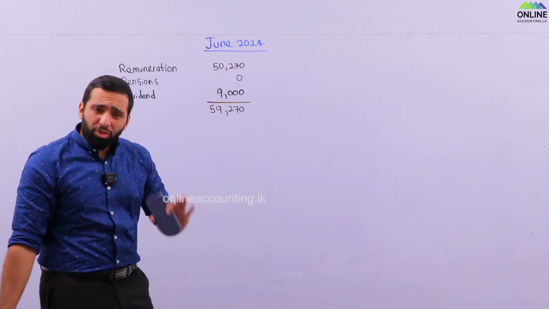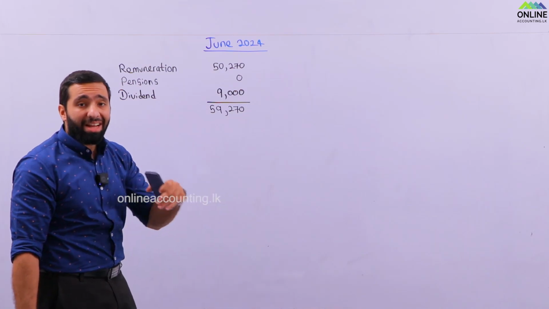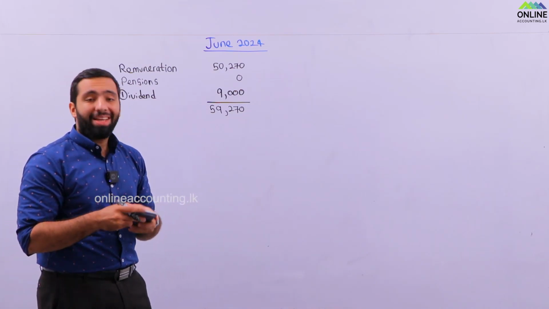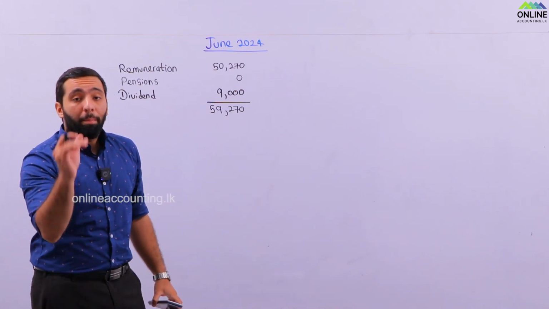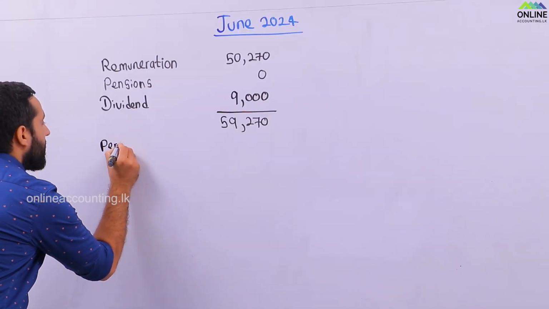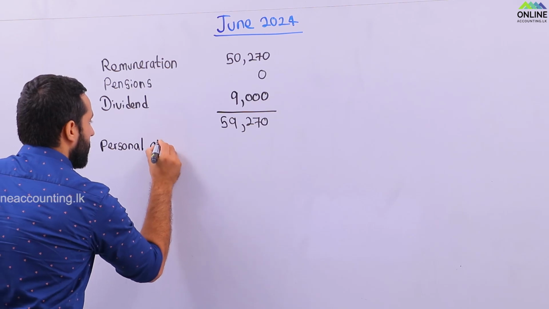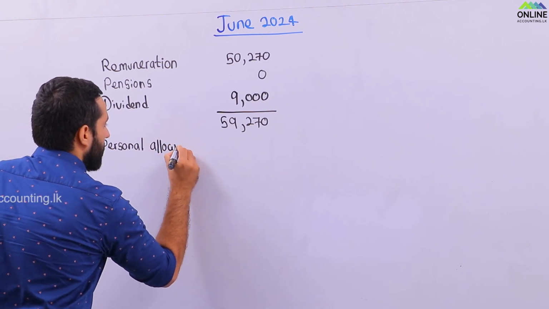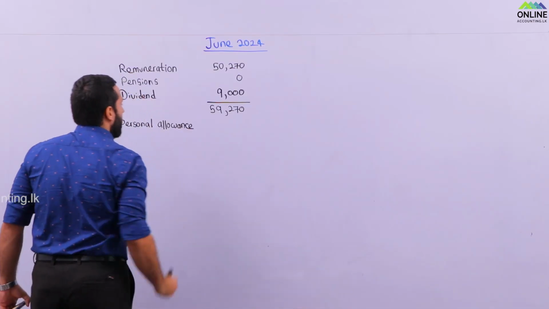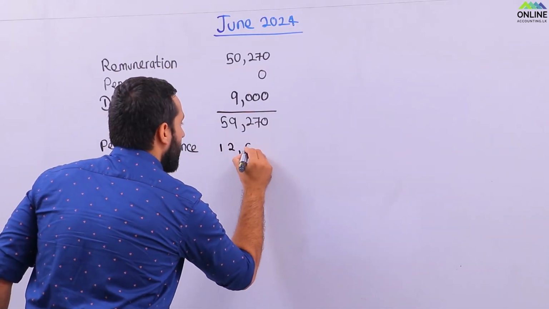And then, to arrive at the taxable income, you need to deduct one more thing. What is that? Yes, that is the personal allowance. Very important. Personal allowance is 12,570.